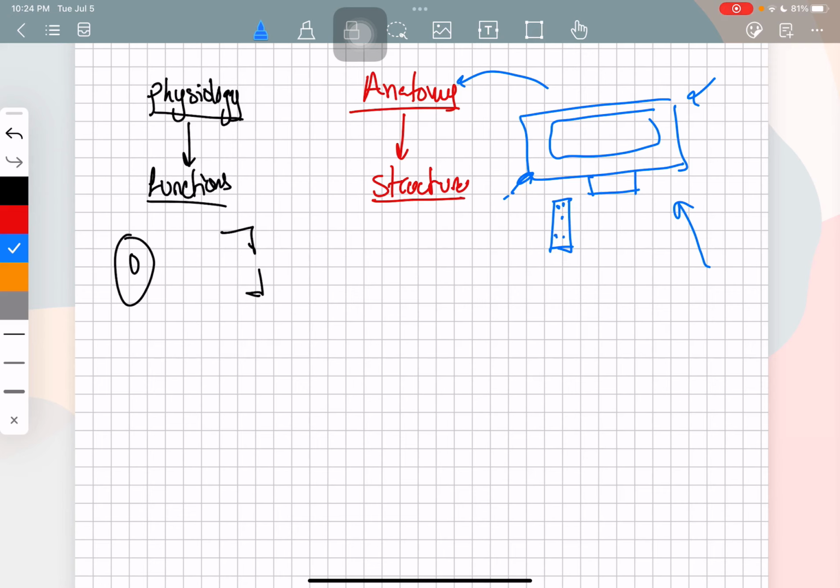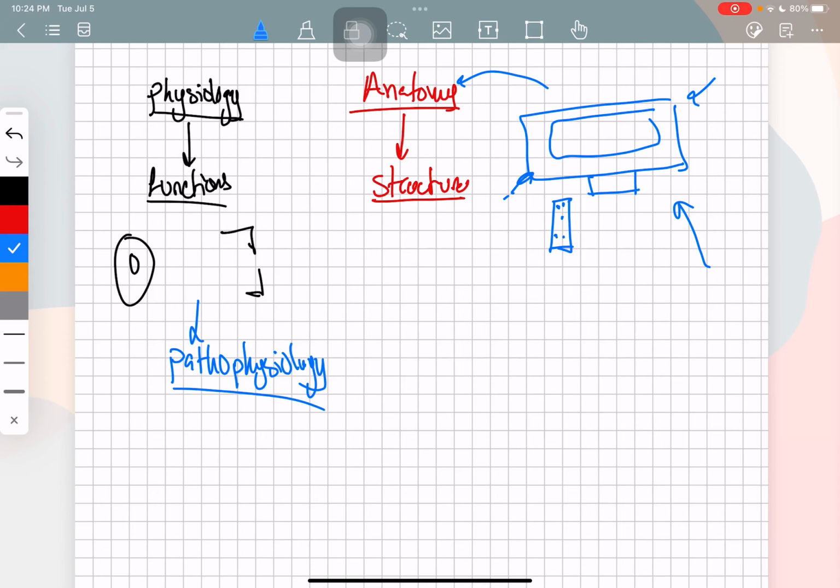After that, physiology comes in multiple disciplines, such as pathophysiology. If we're talking about pathophysiology, we're talking about the study of diseases.